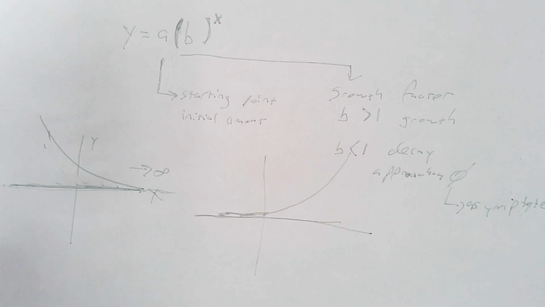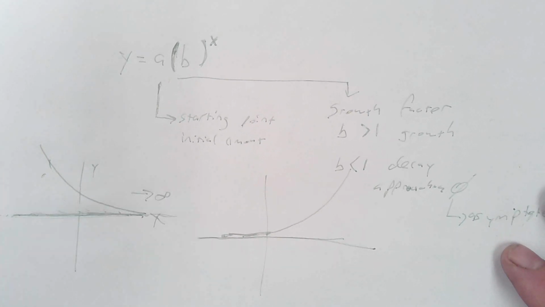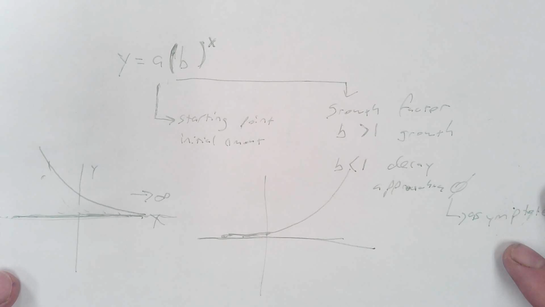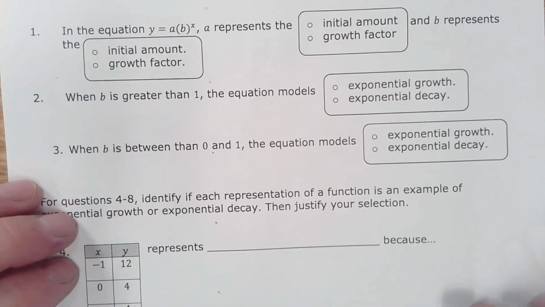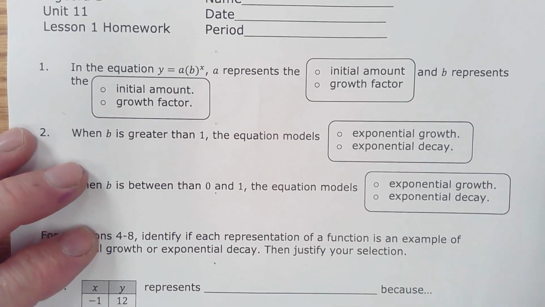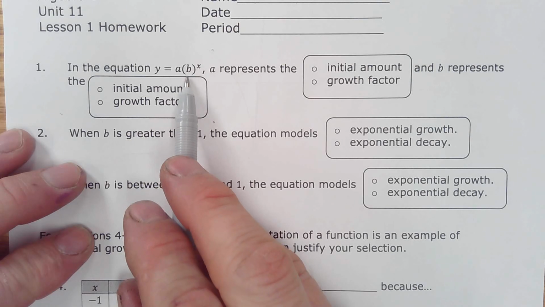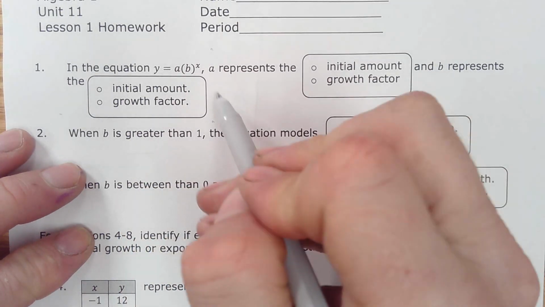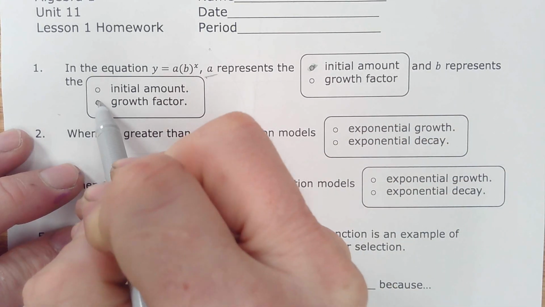Okay, so let's go through some more examples, to swerve away a little bit from the anecdotal stuff. Here I have this equation, y equals a times the quantity b to the x. Remember that a is my initial amount and b is my growth factor.